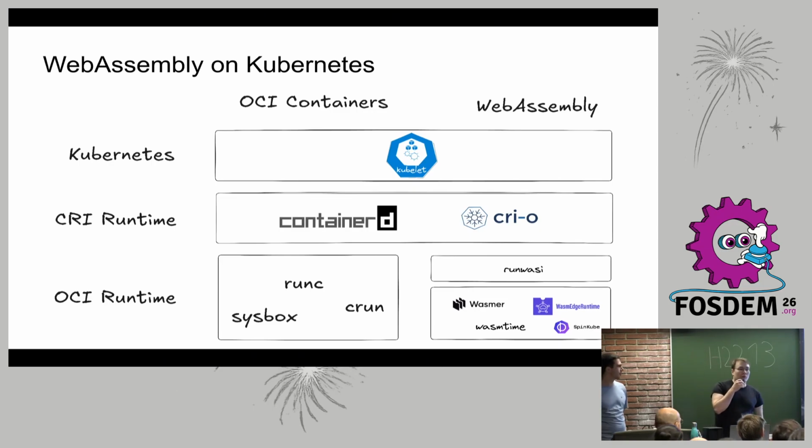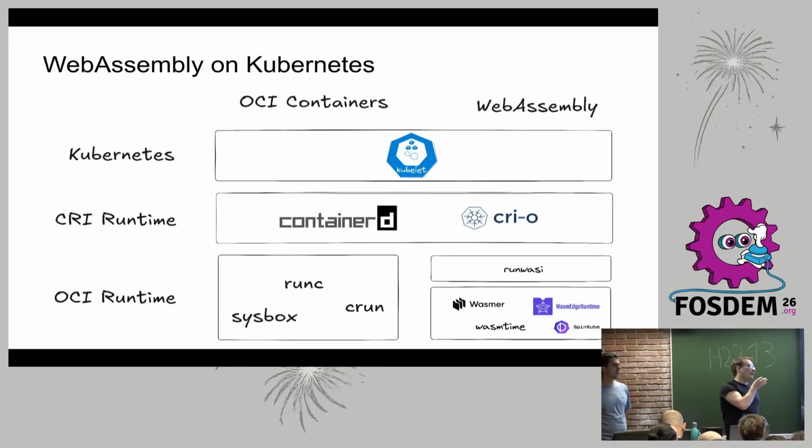How does WebAssembly work on Kubernetes? It works very similar to your normal container-based workload. You push it to a container registry, and then you schedule some work to be done. The kubelet will pick up the work and hand it over down to a CRI runtime, and then there's a little bit of a split between containers and WebAssembly. It will still download it from the registry and then hand it over to the OCI runtime.